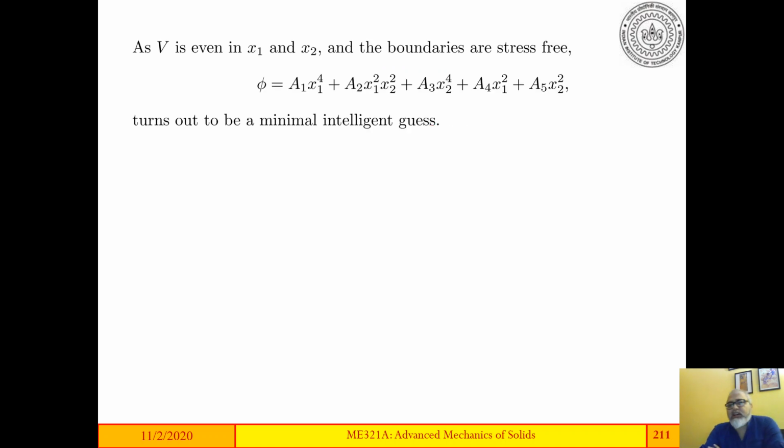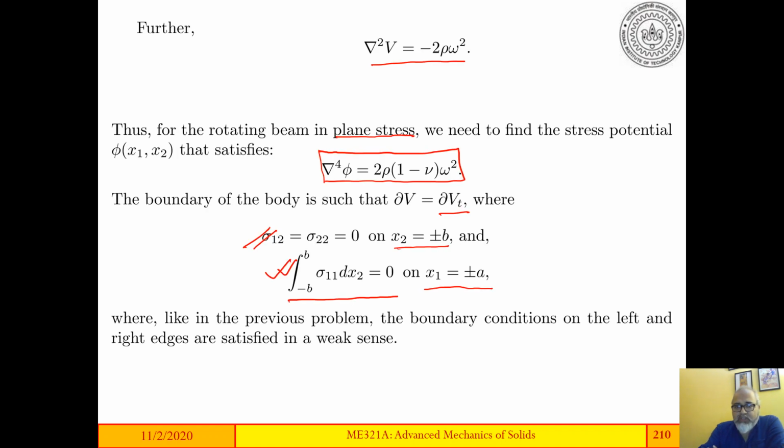So I take a small series with only 5 terms, and I do this because of what I see here: if I take differentiation of phi 4 times, I get a constant.